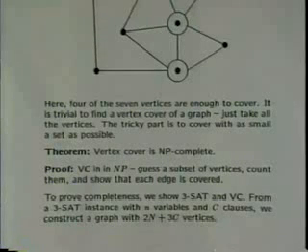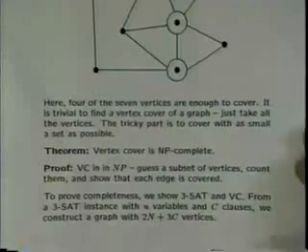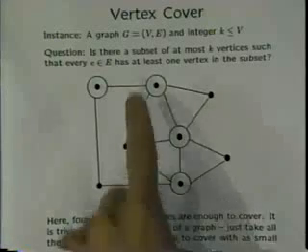Now we have to translate every instance of 3-SAT into something else. Into what? Into a graph and an integer, because we have to reformat the input of 3-SAT into an input of vertex cover.